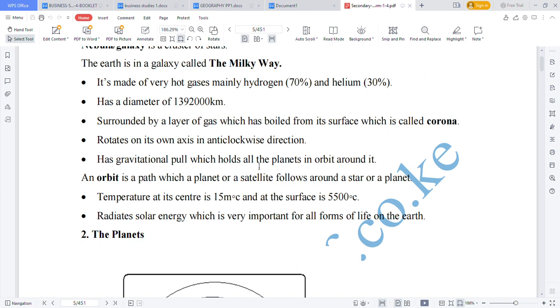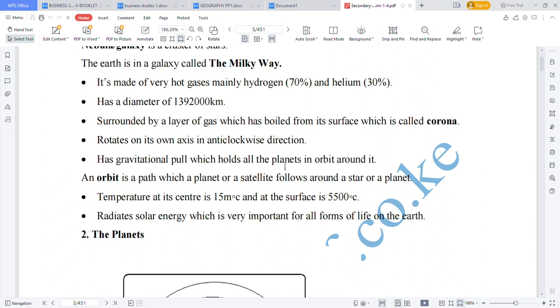It is made up of very hot gases, mainly hydrogen and helium, has a diameter of 1,392,000 kilometers, surrounded by a layer of gas which has boiled from its surface, which is called corona, rotates on its own axis in anti-clockwise direction, has gravitational pull which holds all the planets in an orbit.